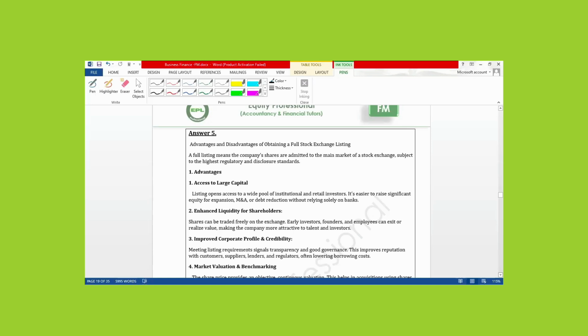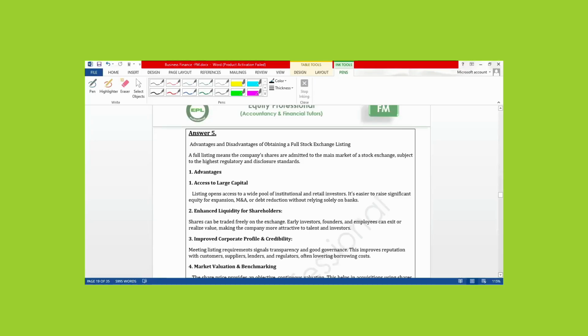If a company is listed, at any point in time, I can sell my shares and collect cash, making the company more attractive to talent and investors.